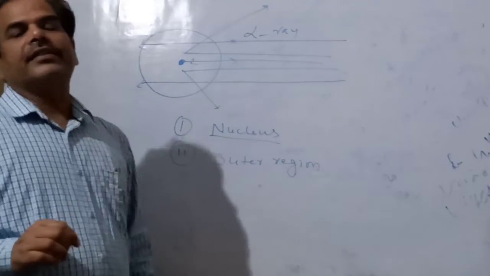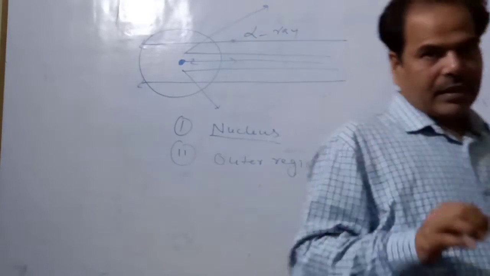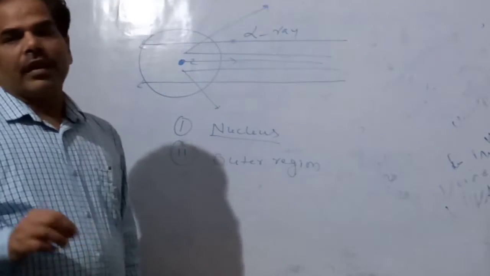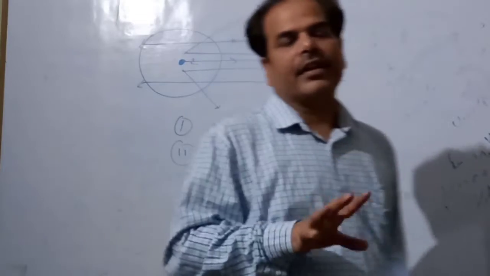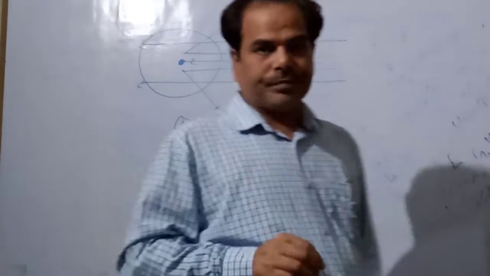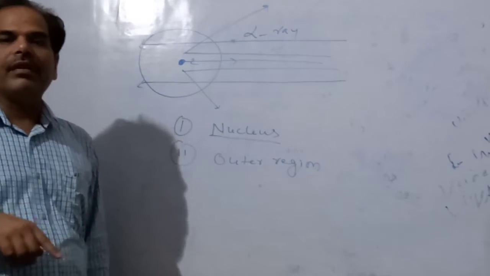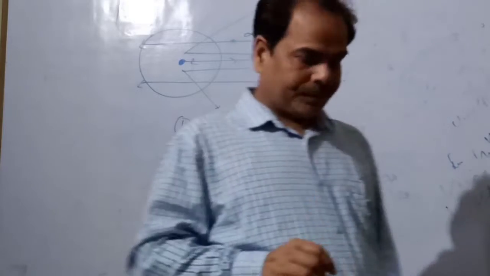In this part, electrons are present. Next, the number of electrons and the number of protons are equal. Next, electrons revolve around the nucleus of the atom.